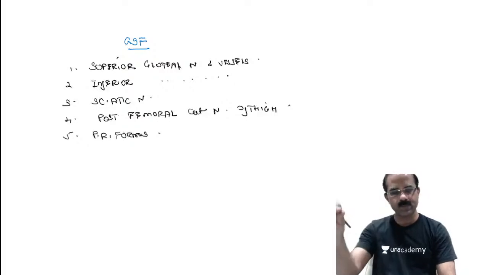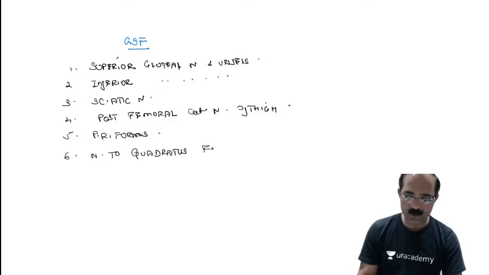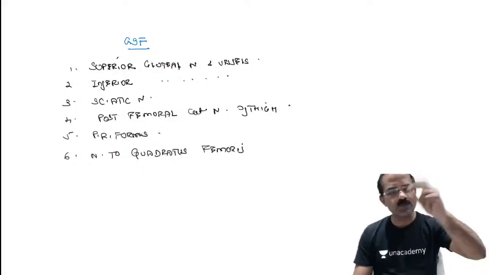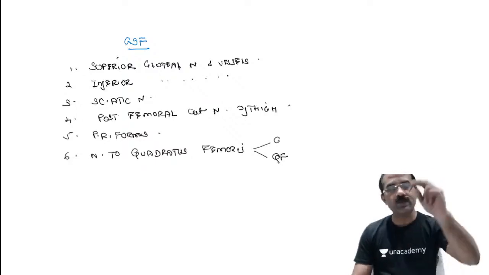That's a pear-shaped muscle which comes out. That's the piriformis. Sixth is the nerve to quadratus femoris, and that's an MCQ. This nerve to quadratus femoris supplies two muscles. One is the quadratus femoris, and the other muscle which it supplies is what?